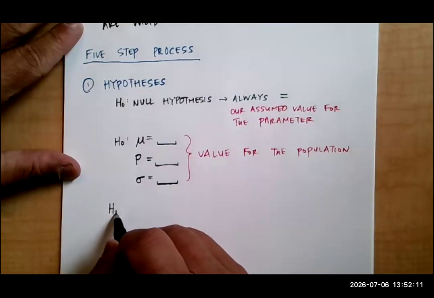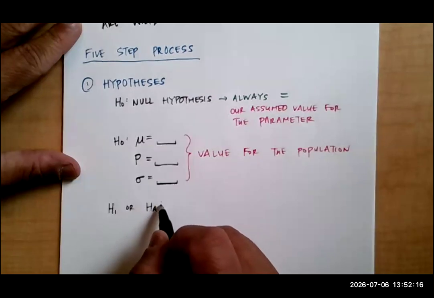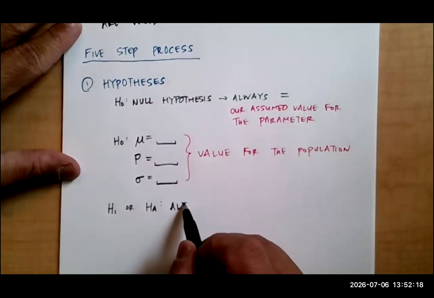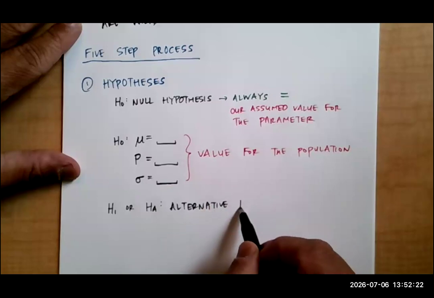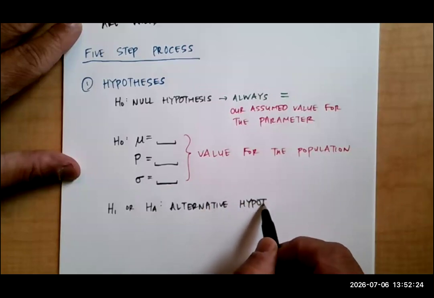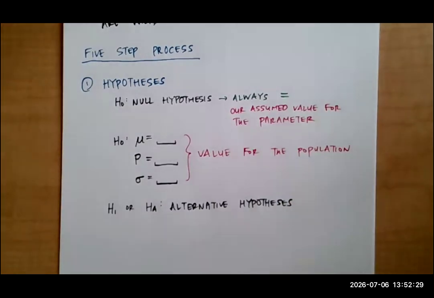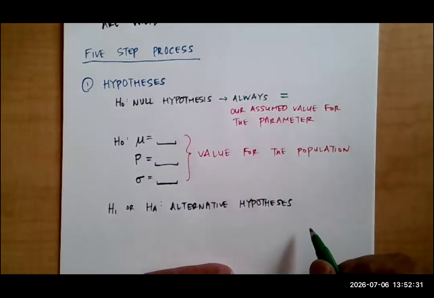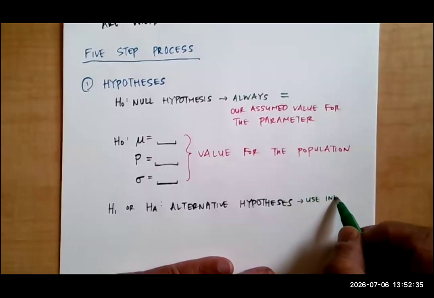Then whether it be H sub 1 or sometimes in different texts we see H sub a, this is our alternative hypothesis. And for our alternative, as it says there, this is that alternate idea, that possibility of change. So in this case, this is where we're going to use an inequality symbol.